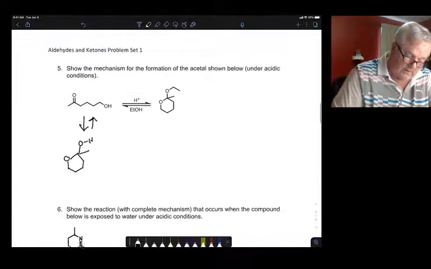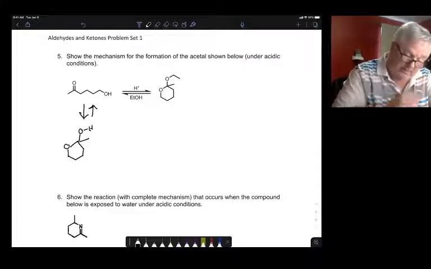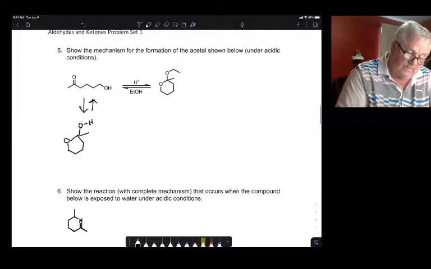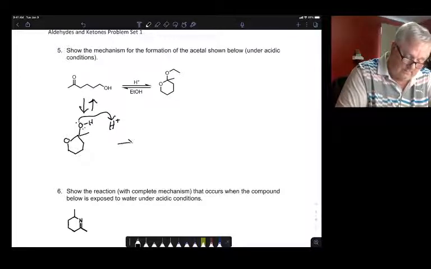Okay, it's a little messy, but there we go. And we had an H+ as our product. So now all we're going to do is go ahead and protonate our water. I'm sorry, our OH group.